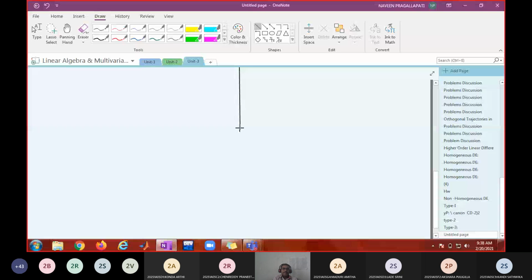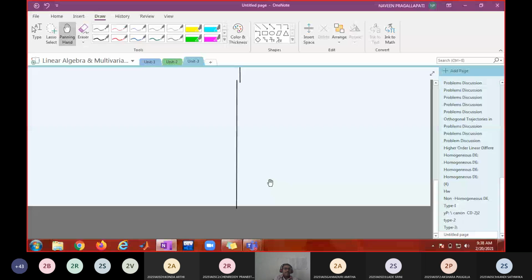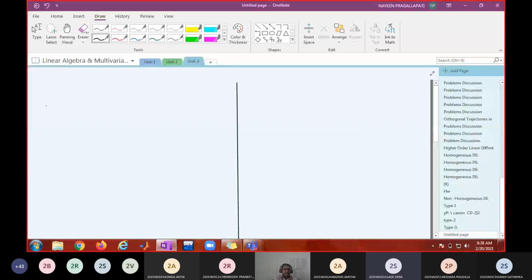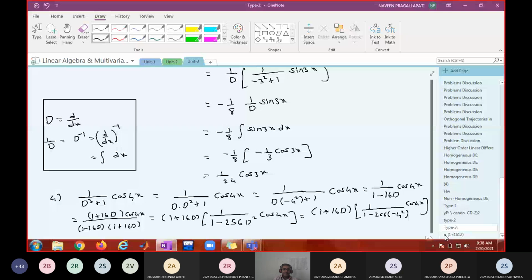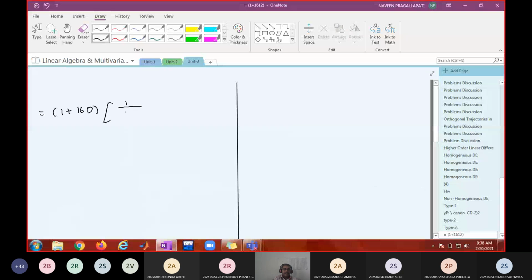Please tell me the simplification. 1 plus 4096 is 4097, right? So 1 by 4097 of cos 4x.